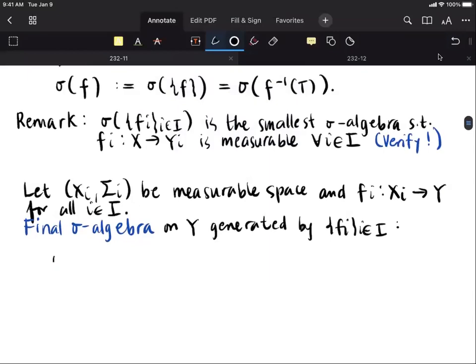The notation would be with a subscript F, designating that this is the final sigma algebra.